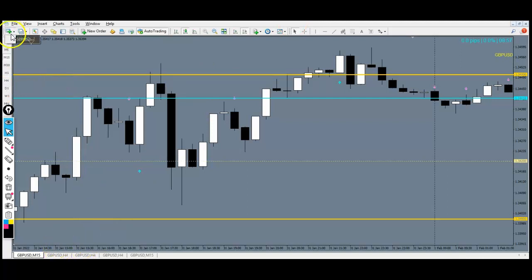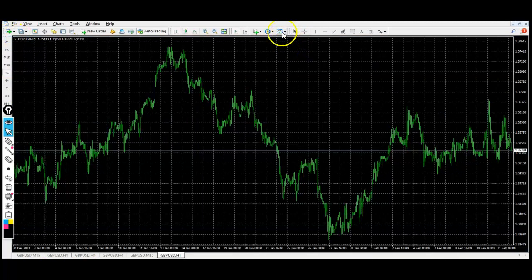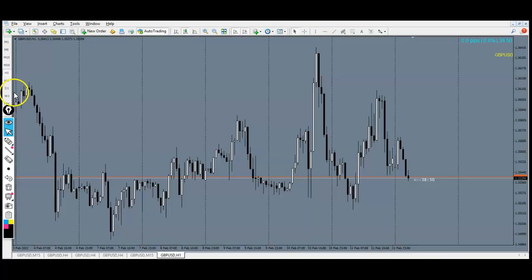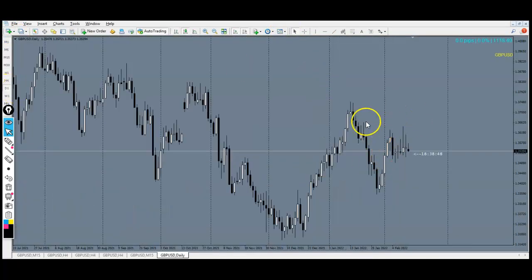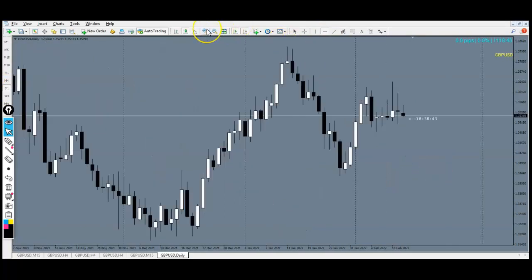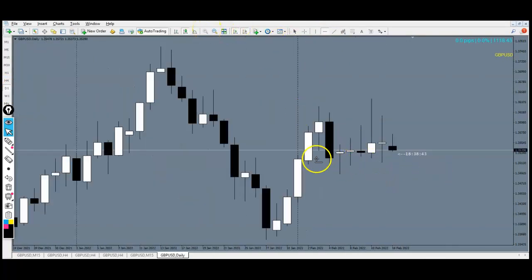Let's bring a new chart up. What we'll expect this week, like we said before, is that the market is ranging. So to trade this week, first I'll mark the top and bottom of the last daily bar.